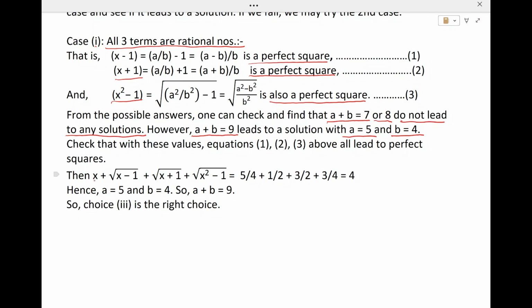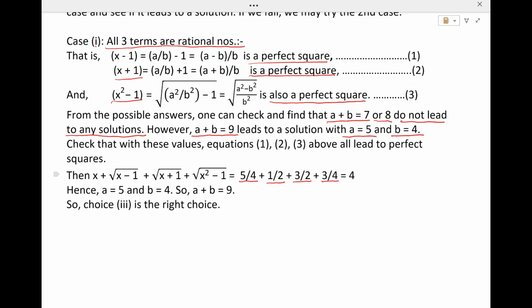Then x, square root of x minus 1, square root of x plus 1, and square root of x square minus 1 translate to 5 by 4, 1 by 2, 3 by 2, and 3 by 4.